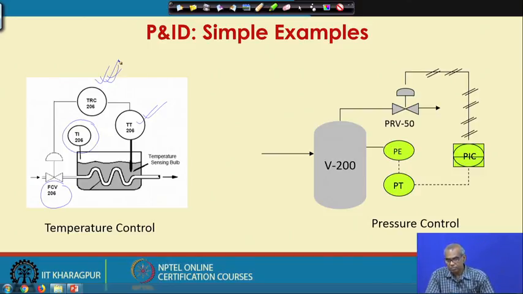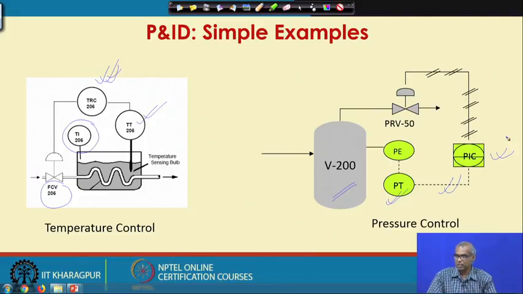Similarly, you have the pressure control of this system. P is pressure element, PT is pressure transmitter. Electrical line, PIC, pressure indicator controller.